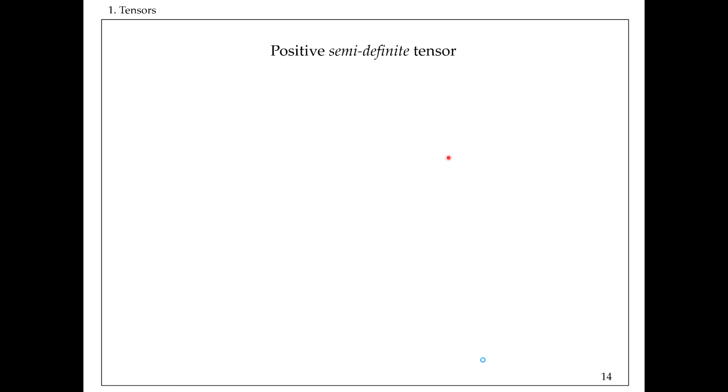You'll see that will be important for certain things like, for example, eigenvalue problems. Certain properties will be ensured if we can ensure that the tensor is positive definite. In many cases it's important.